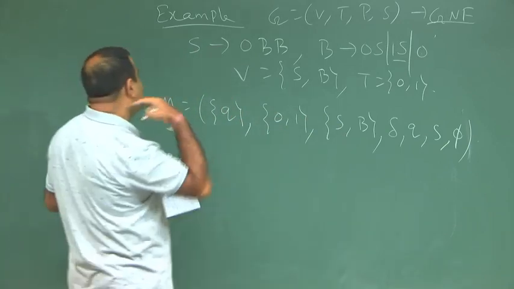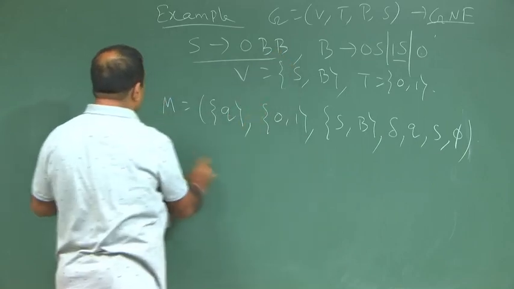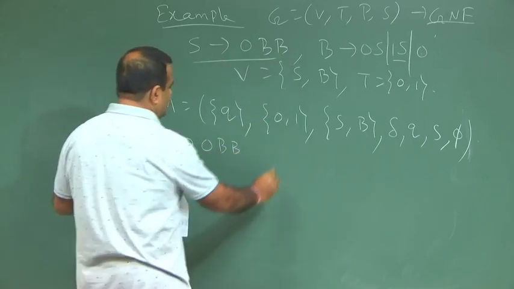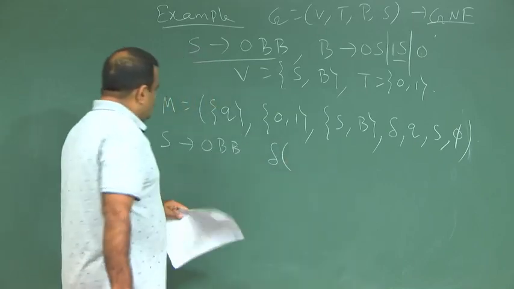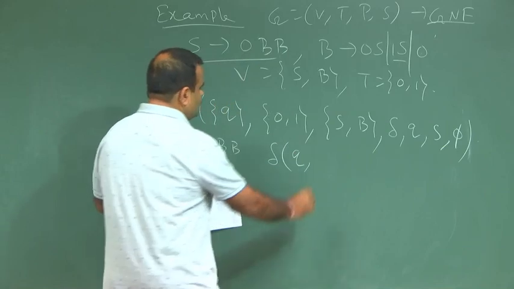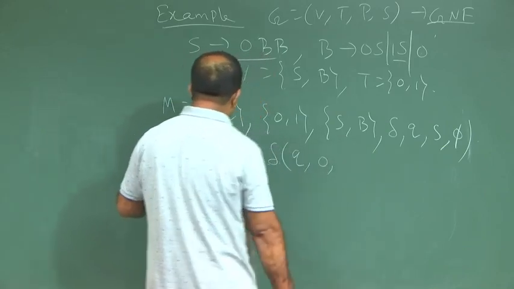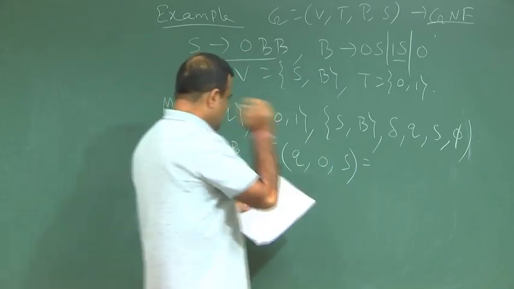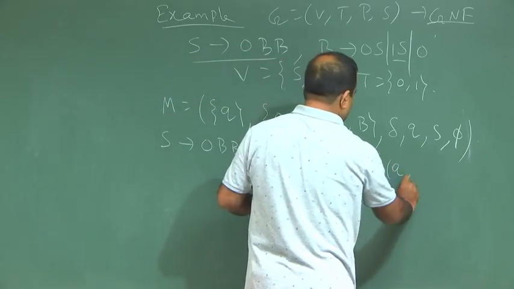So, rules will be coming from this. Now, S going to 0 B B will give us a rule like this. The state is the same, we have only one state. Now, if we see a 0 and the stack symbol is S, this will contain (q, B B).